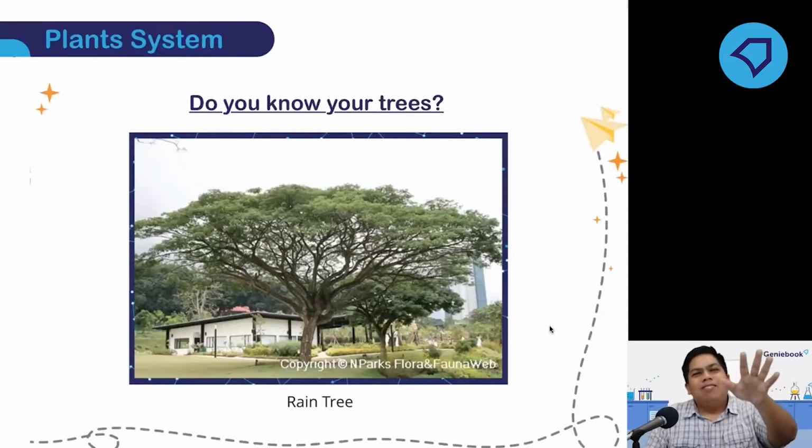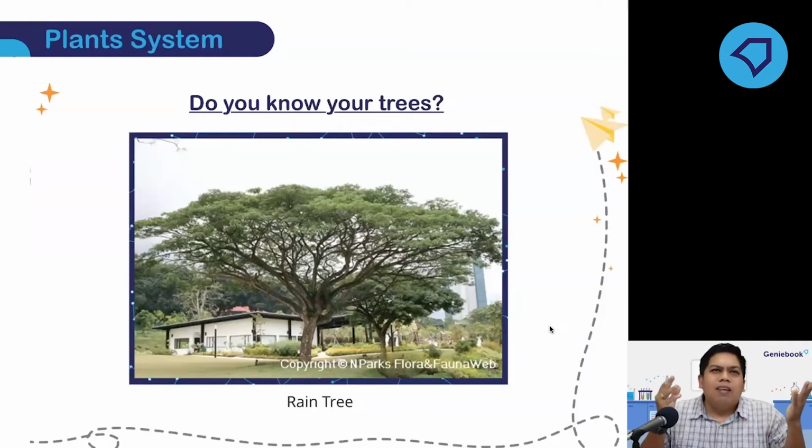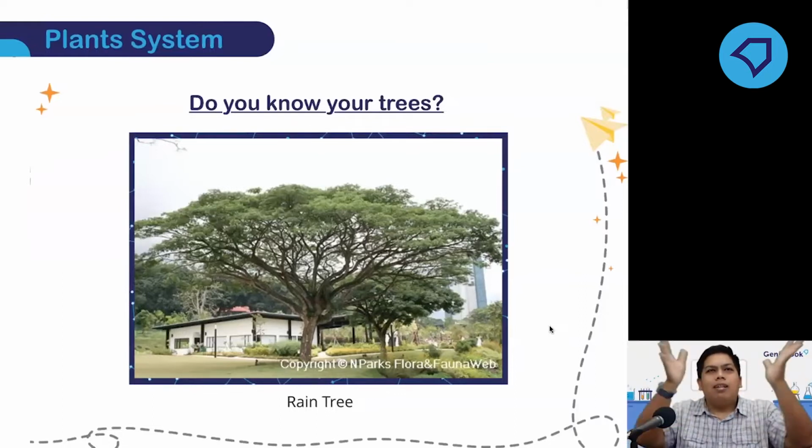Correct. So this tree is actually very common in Singapore. You can see it basically anywhere. You go to any park, you go to the roadside, you will see this common tree called the rain tree. It has many branches, as you can see, so it's like an umbrella.